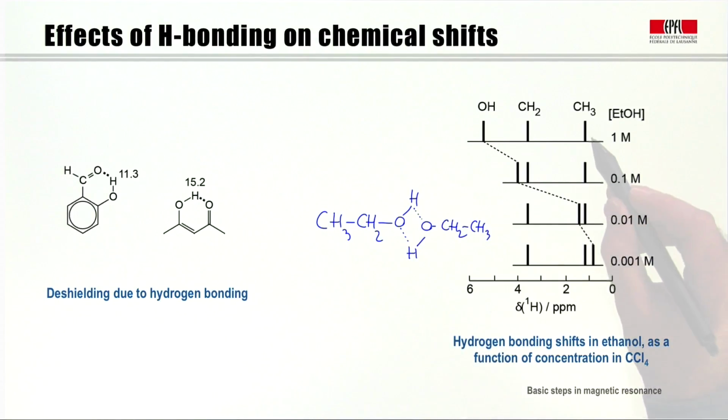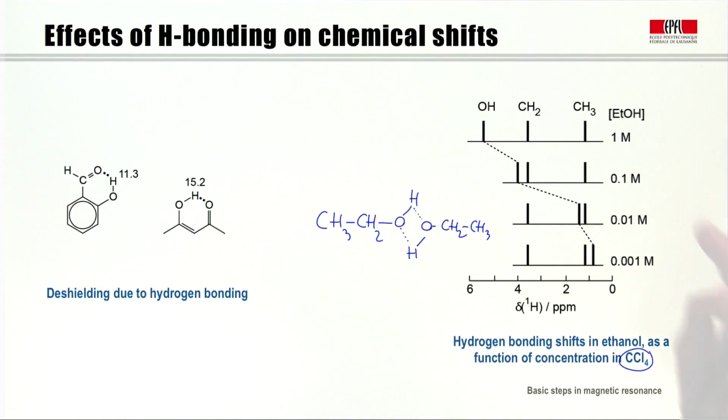Well, that's why in ordinary ethanol, if we have 1 molar ethanol in an aprotic solvent such as carbon tetrachloride, then we have the OH, which, as you can see, appears near 5 and something ppm. But as we dilute the ethanol to 1/10 of a mole per liter, to 1/100, to 1/1,000, we see that the OH resonance moves to the right.